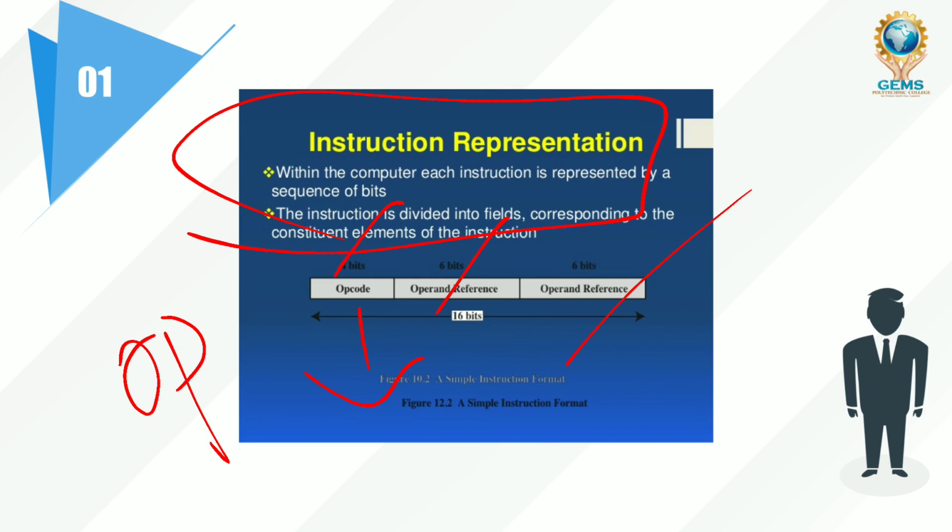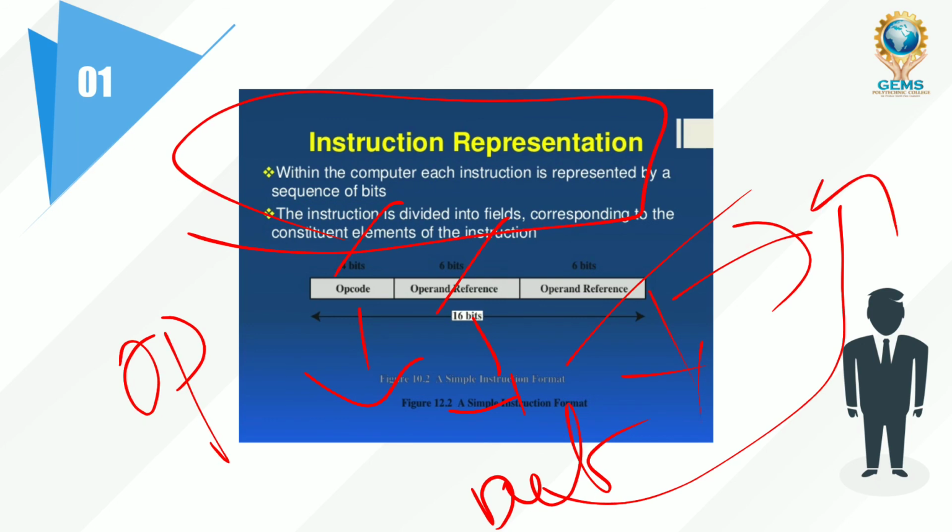The operand talks about the data, and the reference talks about the path where this operand will be available. A computer instruction is represented by a sequence of bits, 0 to 19. The instruction is divided into fields corresponding to the constituent elements of the instruction.